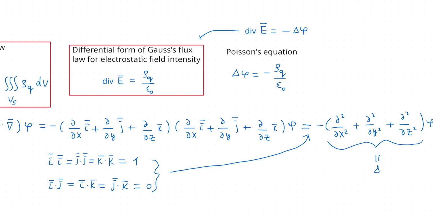It allows us to find the distribution of electric charges if we have a defined electrostatic potential. We can use Poisson's equation to find the distribution of electric charges.